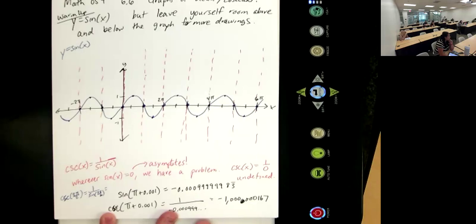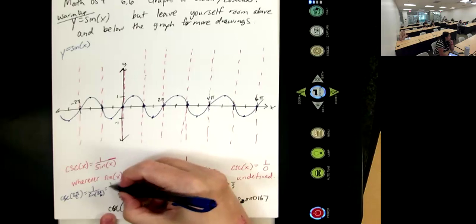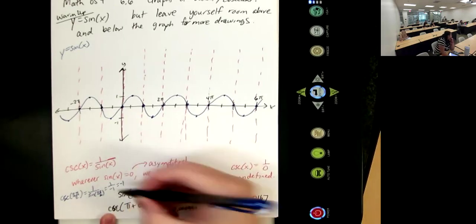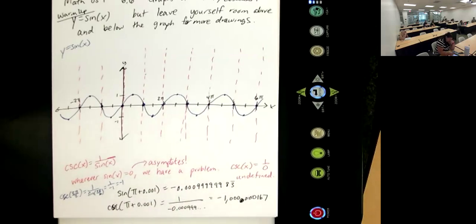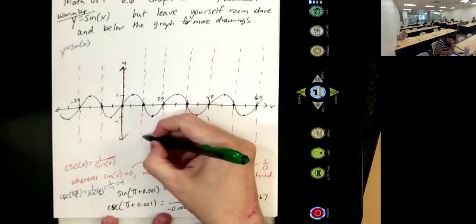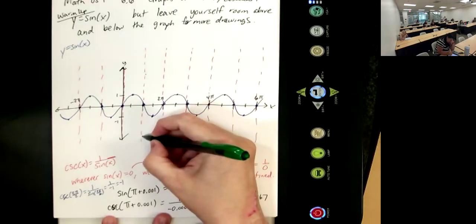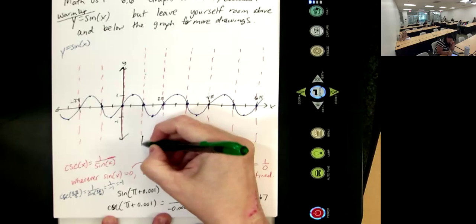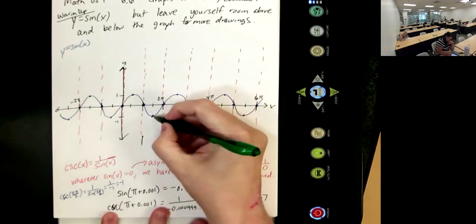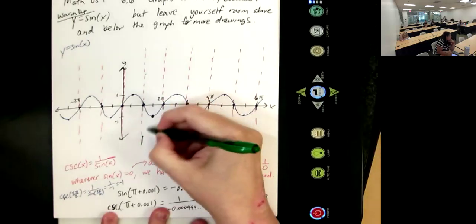It's -1. So 1/-1 is still just -1. So cosecant, I did pi plus 0.00001 and it was way down here, off screen, I can't even put a -1,000 on there. But at 3 pi/2, it was right there.